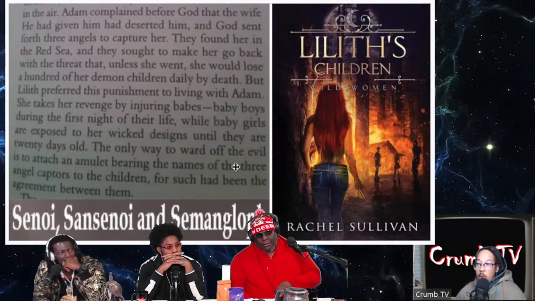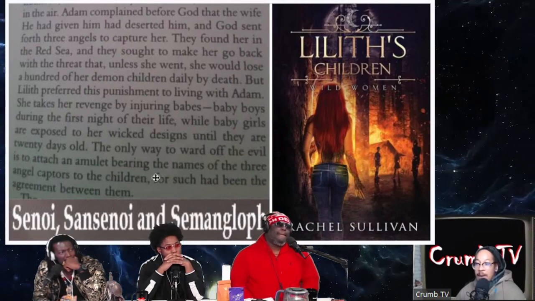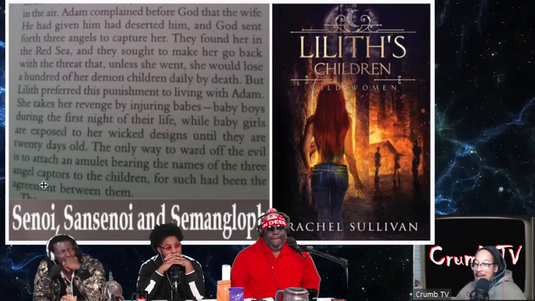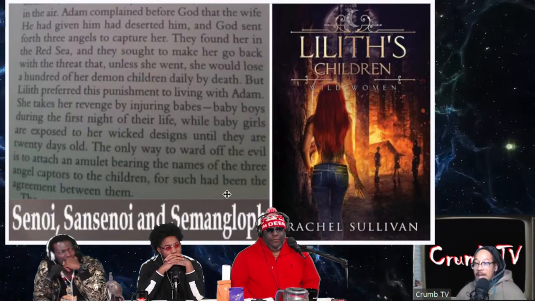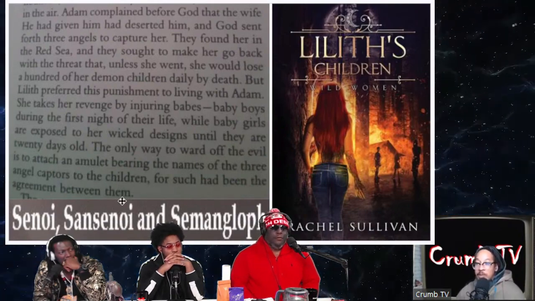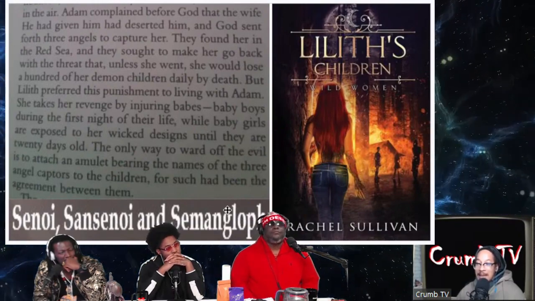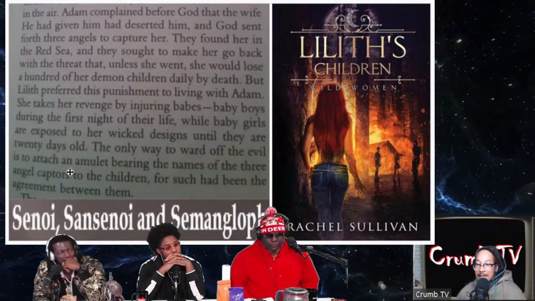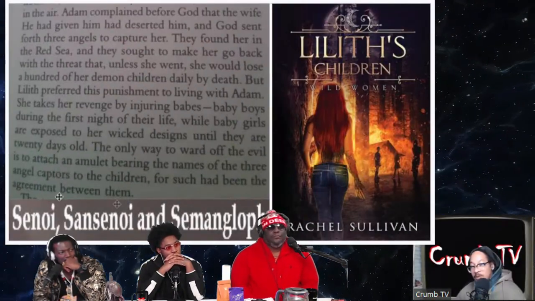The only way to ward off the evil is to attach an amulet bearing the names of the three angel captors to the children, which had been the agreement between them. And these are the three names of those angels that God sent to go get Lilith. But now that I'm looking at it, I don't know if these are angels or demons.